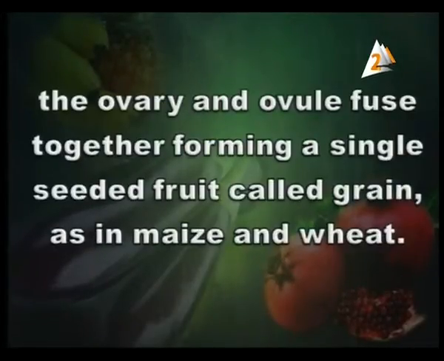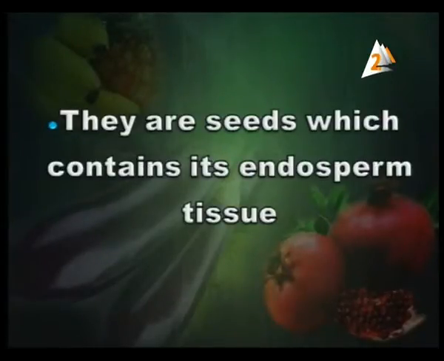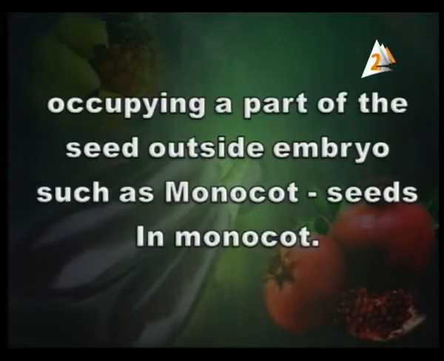In monocot seeds, the ovary and the ovule fuse together, forming a single-seeded fruit called grain, such as maize and wheat. Another time, in order to understand this very well, endospermic seeds are seeds which contain endosperm tissue that occupies a part of the seed outside the embryo.